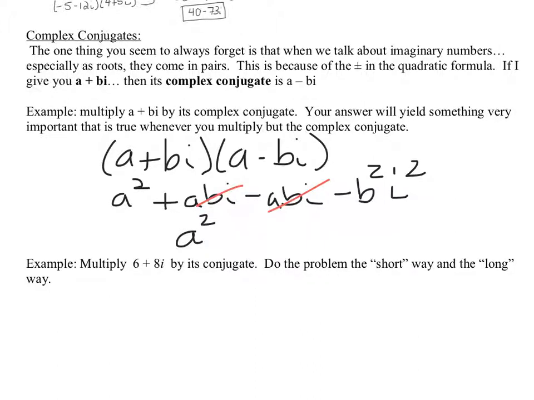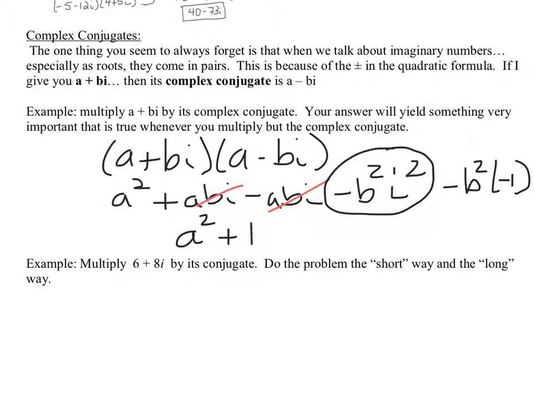And then I have to simplify this part. And this is where we have to be very careful, because i squared, if you remember, i squared is negative 1. So what we have is a negative b squared times a negative 1. Well, negative b squared times negative 1 is just plus b squared. So we end up with a squared plus b squared.